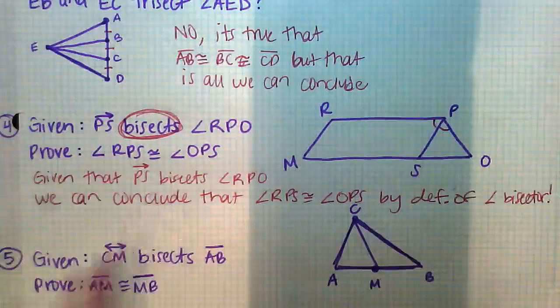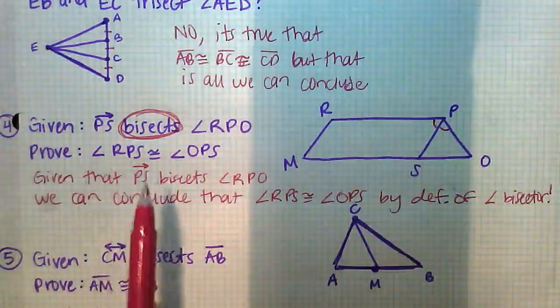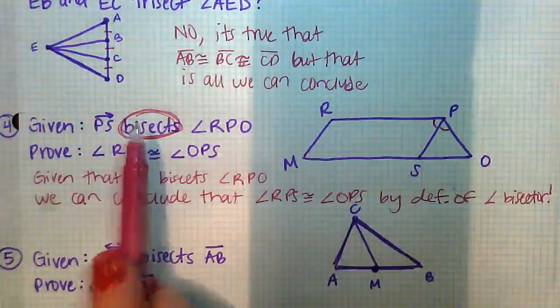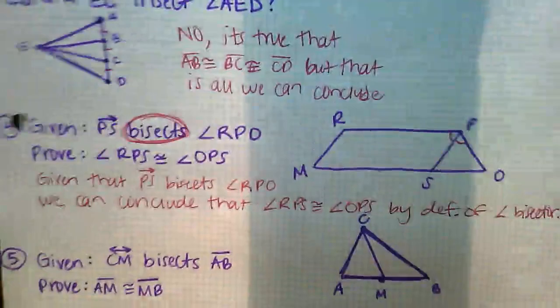This is not a real formal proof. We were just trying to indicate what you can conclude when you are given that you have an angle bisector.